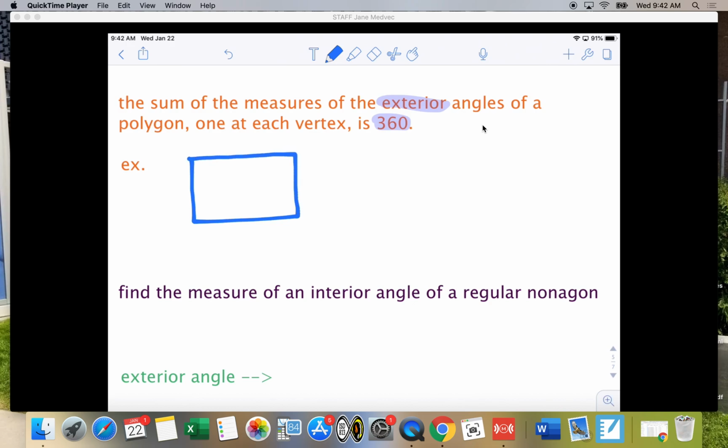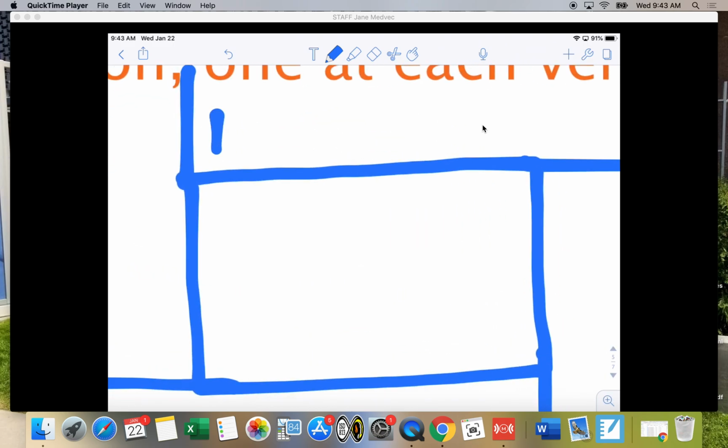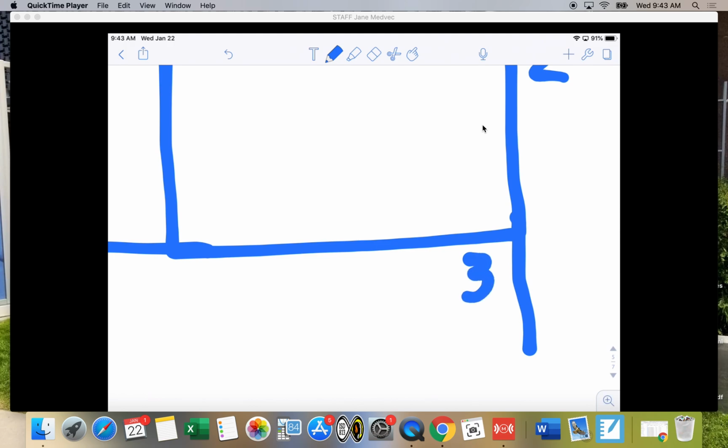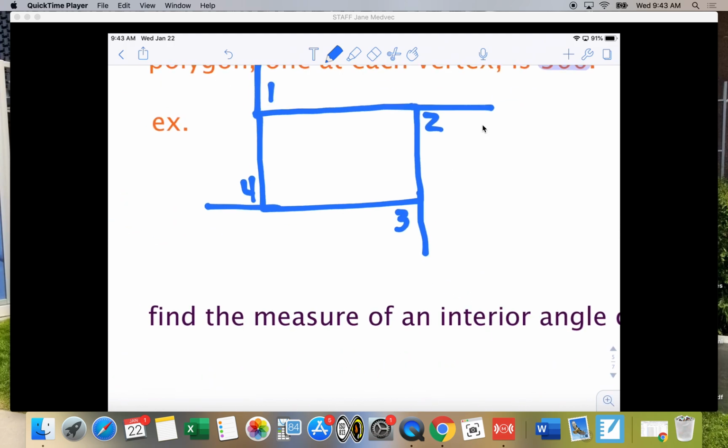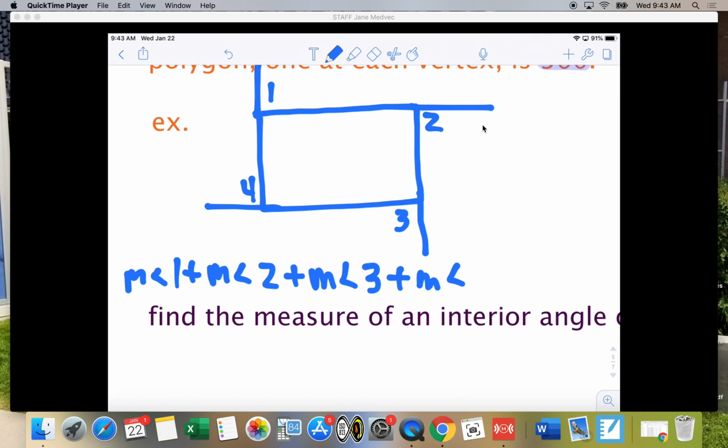The exterior angles are the angles that are made when the sides are extended. So this would be like the first one, the second one, the third one, and the fourth one. It kind of looks like a pinwheel. It's not 180 degrees, it's a part of it. So I would take the measure of angle 1 plus the measure of angle 2 plus the measure of angle 3 plus the measure of angle 4, and that equals 360 degrees.